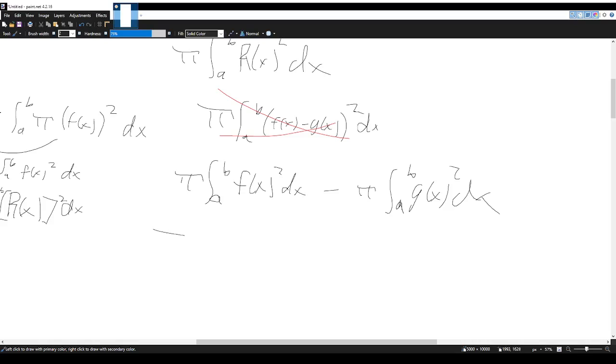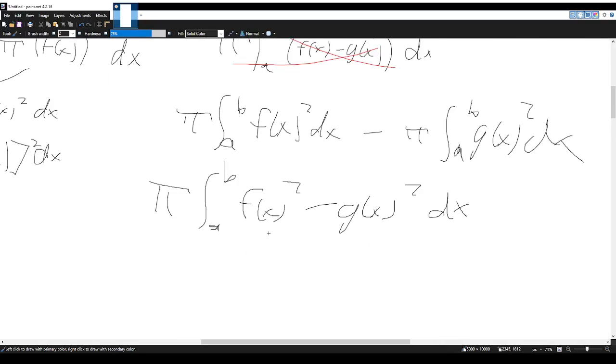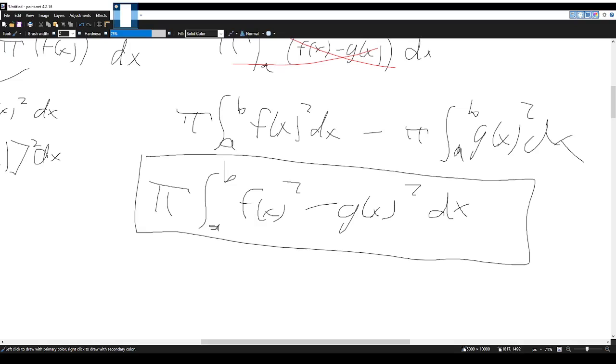You can, of course, factor out the pi, and then you just have the a to b. Well, you can combine these into one integral by doing this: integral a to b of f of x squared minus g of x squared dx, right? Because same variable here, so you can do this. And so this is then going to be basically our formula for a volume with a hole in the middle.